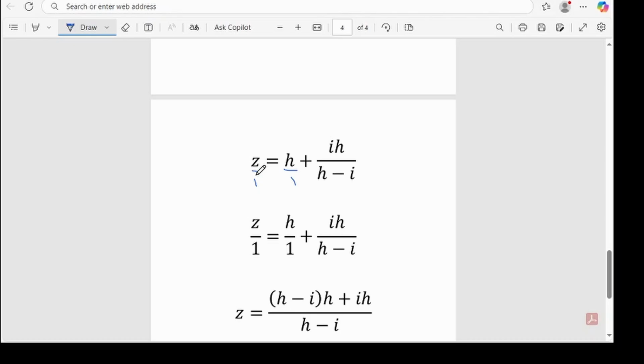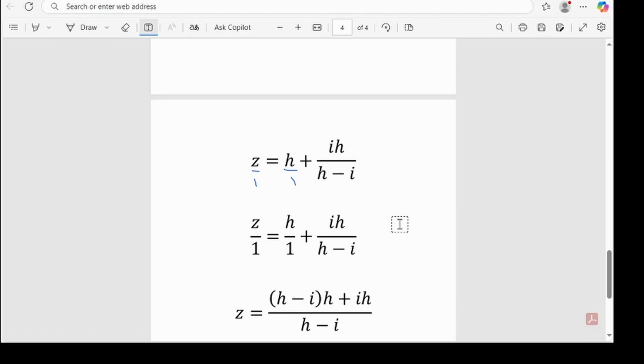Okay, so as explained earlier on, we stated Z over 1 is equal to H over 1 plus IH over H minus I, right? So here we'll do cross multiplication.